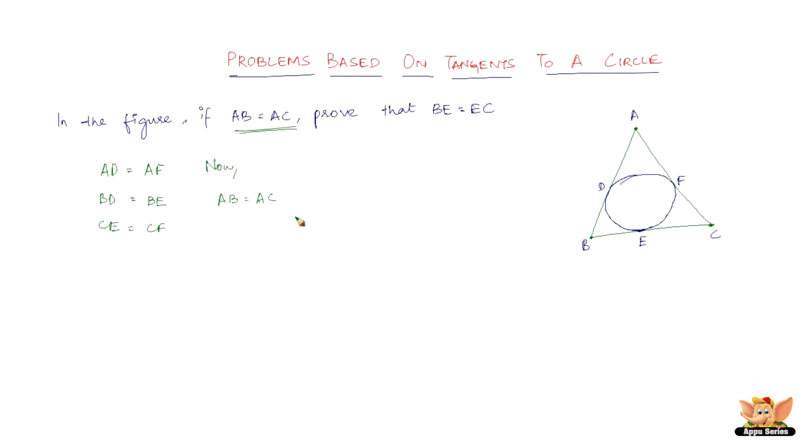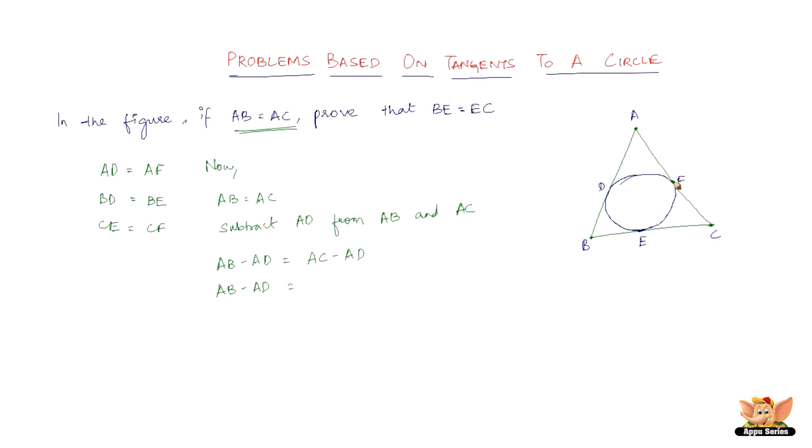Now let's subtract AD from AB and AC. So we get AB minus AD equals AC minus AD. Let's write AB minus AD as it is.